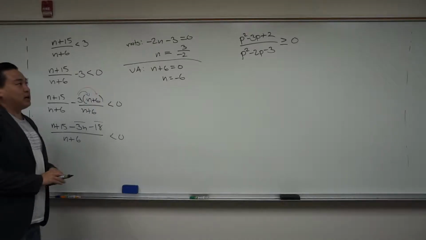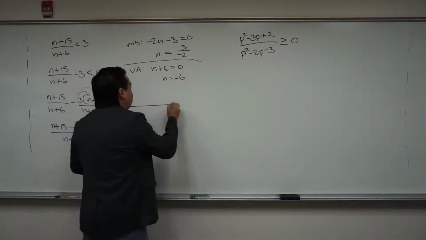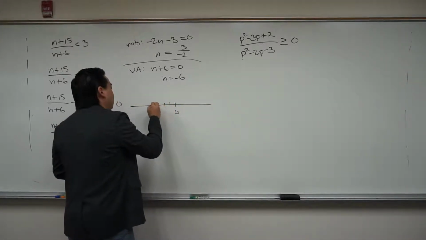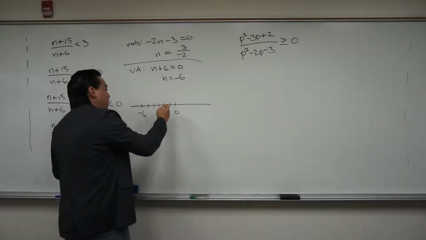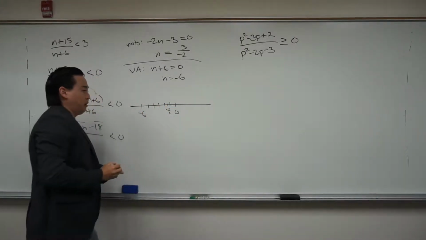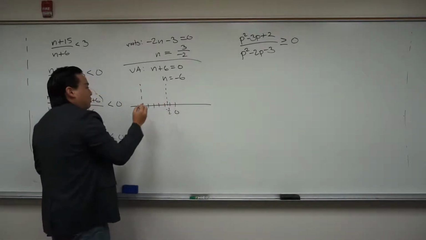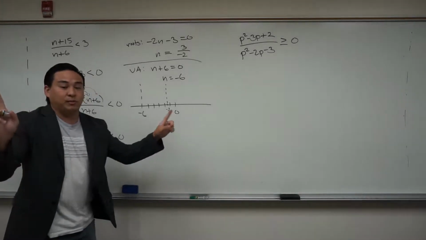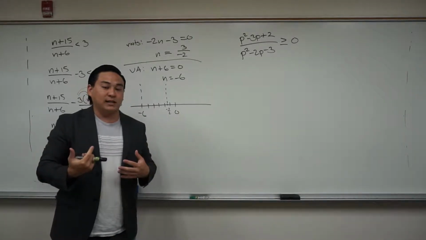So what we need to do now is draw out the number line. So let's go ahead and do that. Negative 6 right here. Negative 1.5 is right there. So the difference right now is that before we used to be able to use the degree of the polynomials to determine the left and the right hand side, but we can't do that in this case.